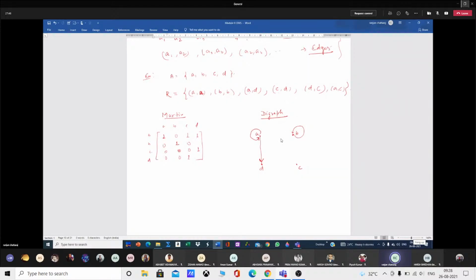Similarly, C to D, with this direction. D to C, and A to C. So this is the directed graph.